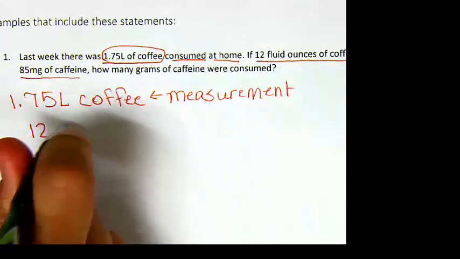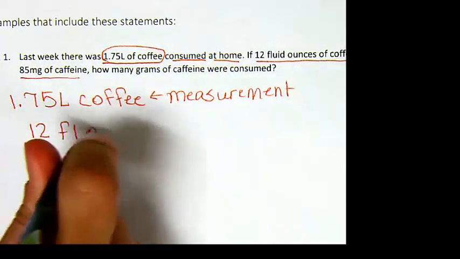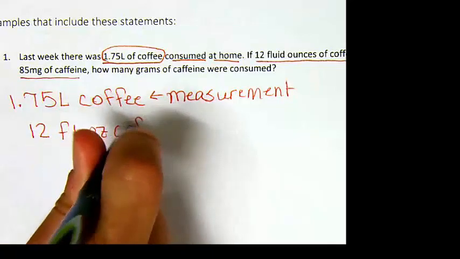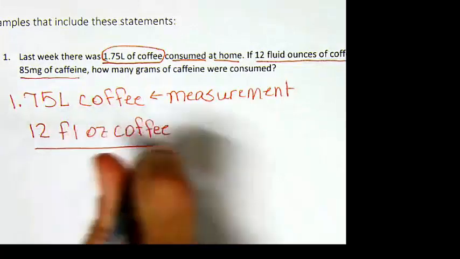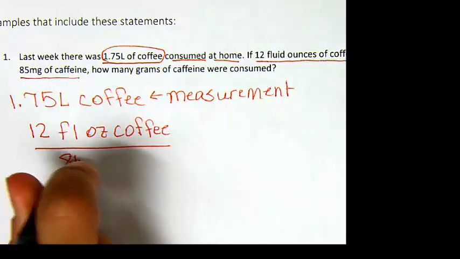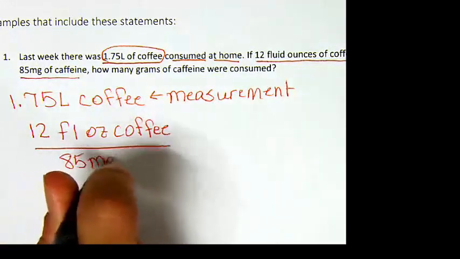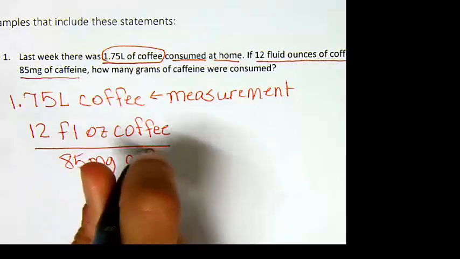Okay. The other measurement looking values actually go together. The 12 fluid ounces of coffee versus 85 milligrams of caffeine.